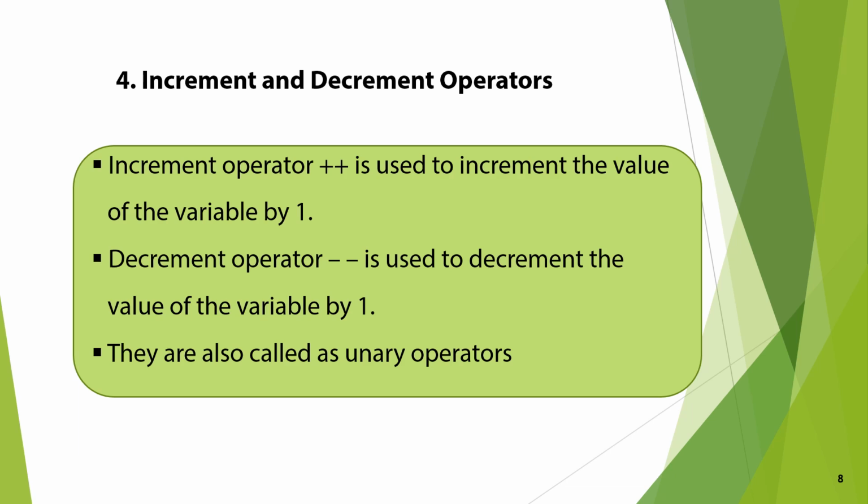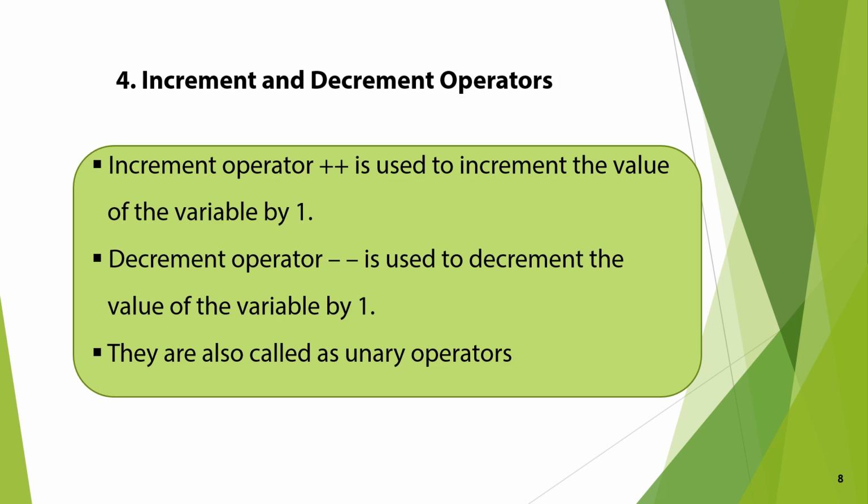Next type of operators are increment and decrement operators. Now from their name we can understand what can be the use of these operators. C is providing us these two useful unary operators which can perform an operation on a single operand.